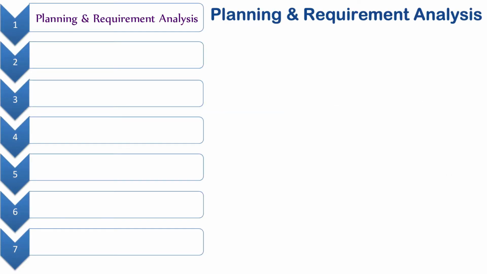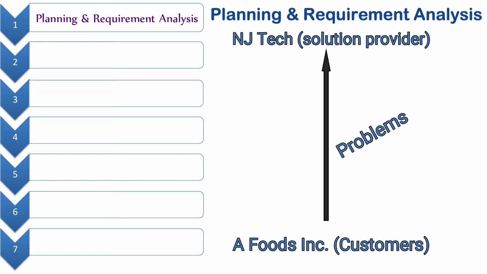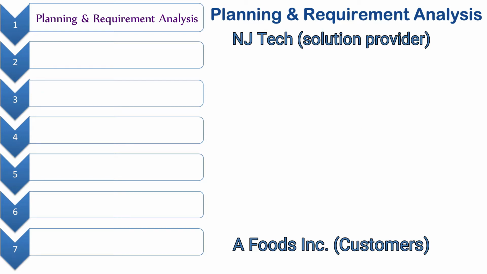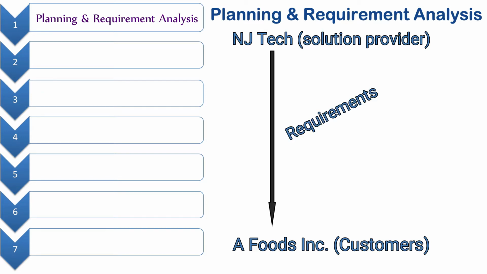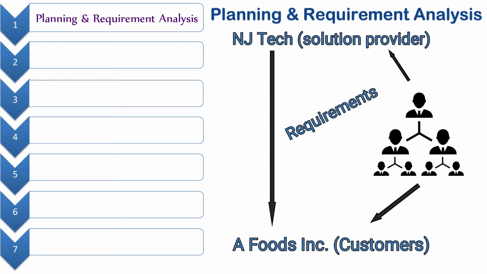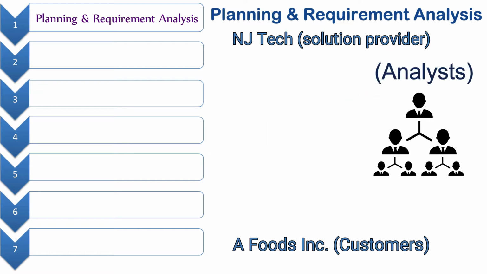Planning and requirement analysis. In this process, NJ Tech understands all the problems of the customer for which they want a solution. Also, all the requirements are gathered from the customer. Mostly this is done by people who understand the respective industry, so this type of job is done by a team of analysts.